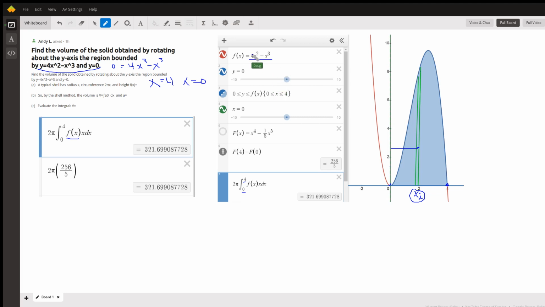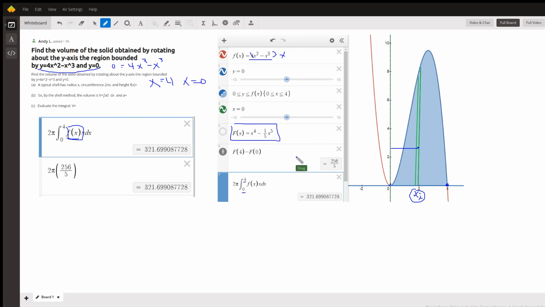And if we multiply that by x, that's what we're taking the antiderivative of. So how do we do that? Well, if we multiply this by x, we would get 4x cubed minus x to the fourth. The antiderivative of that is this, x to the fourth minus 1/5 x to the fifth.